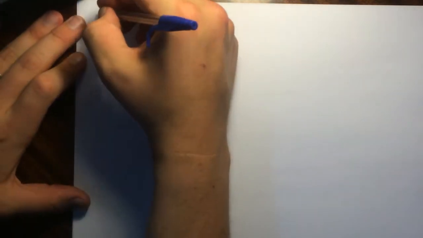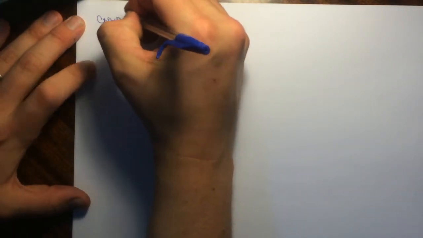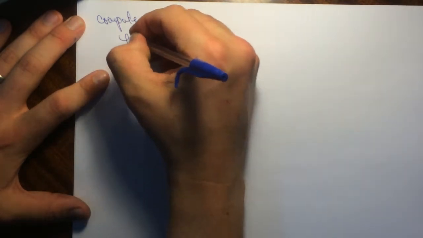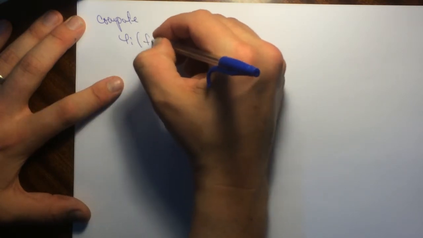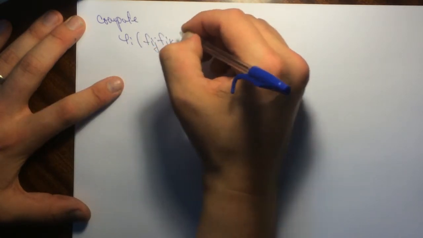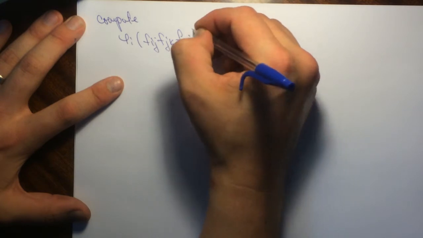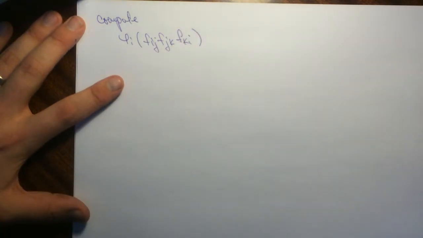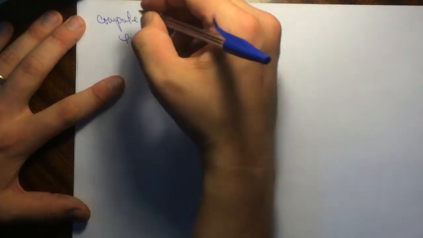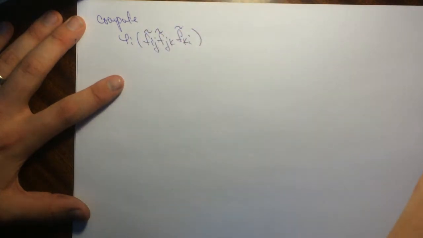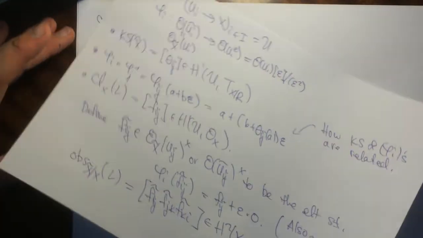We just compute. And so what we compute is phi of F_jk, F_ki tilde tilde.